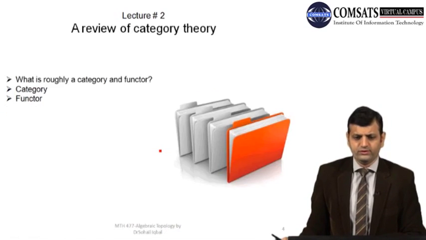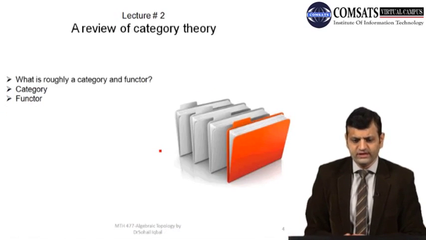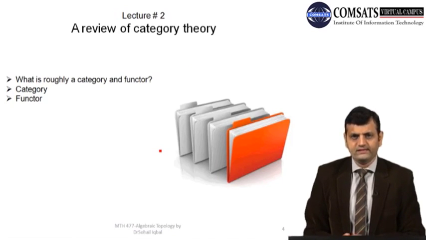In lecture number 2 we started with some technical language of this course called category theory. Once again, if you remember, we have been using the idea of categories and functors till our last lecture. We have used, for example, the functor pi1, the functor related to the fundamental group, and some other categories: categories of pointed topological spaces, categories of abelian groups, categories of groups, and categories of just topological spaces.